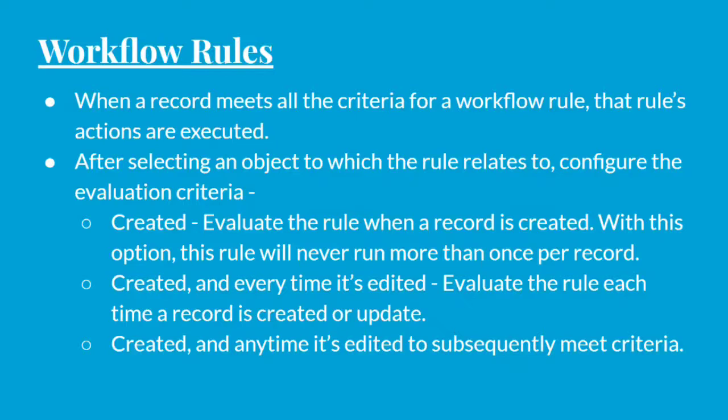Suppose you select any other field to be edited in opportunity, suppose you have changed the opportunity status or opportunity probability, that time this rule will not run, because to run it, you have given another criteria that the opportunity amount should be greater than 50,000.